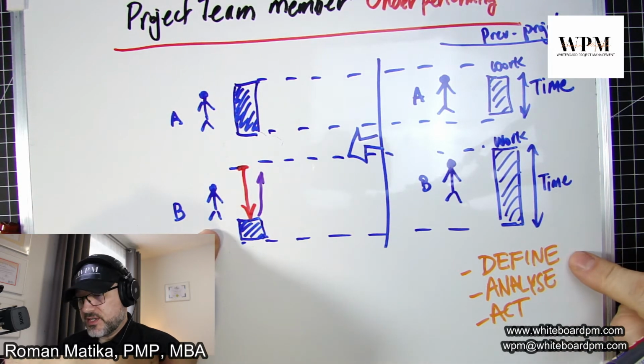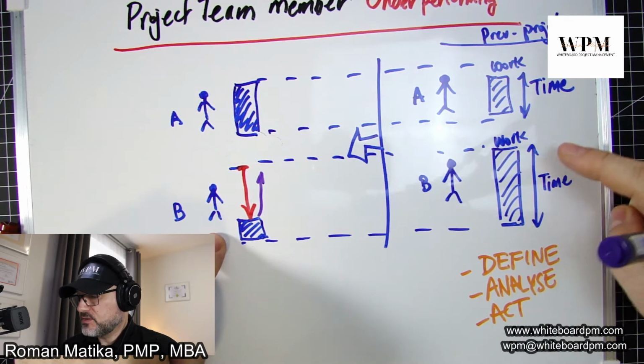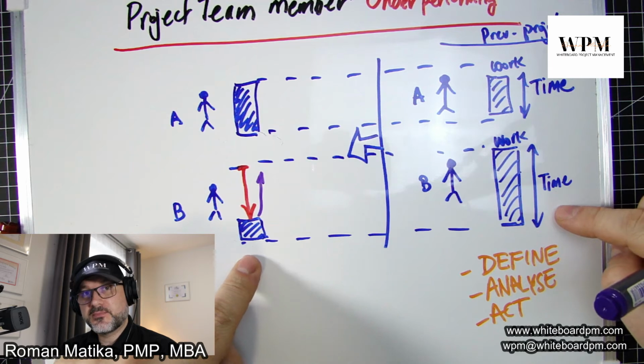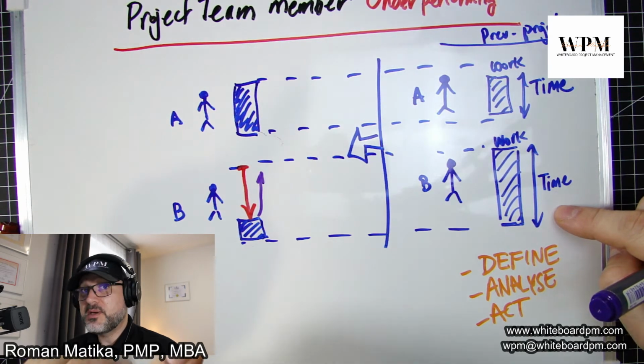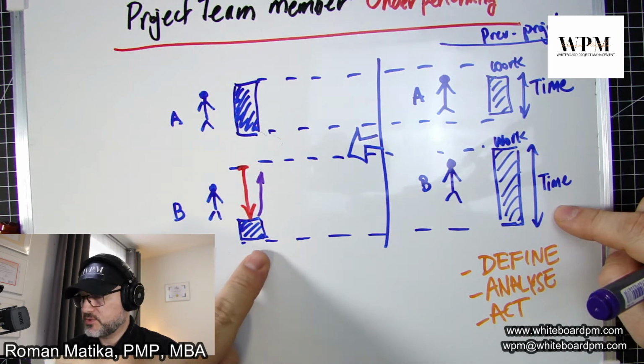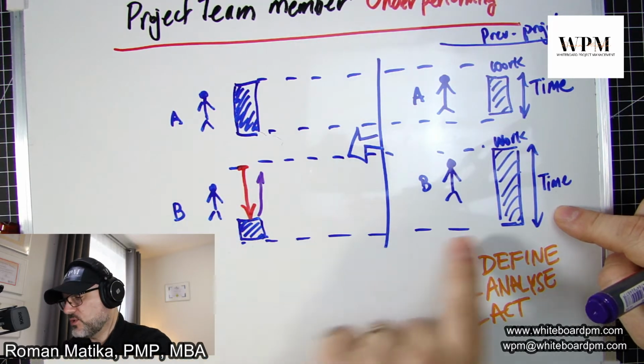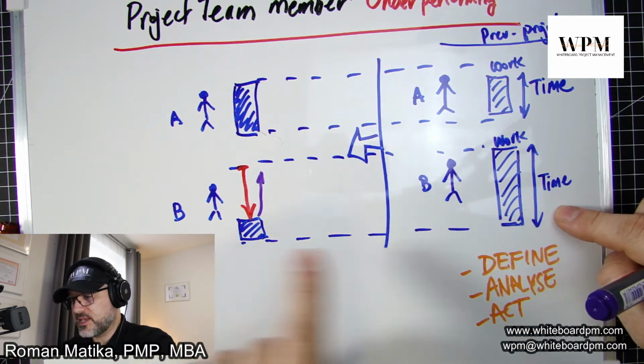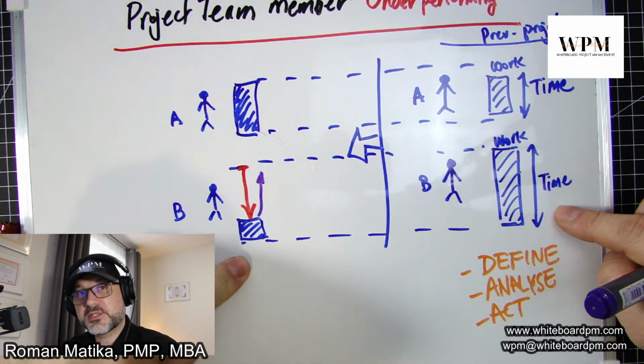Now first, let's define. We will go to this person and define what is happening, why this person is not performing as usual. See the word: not performing as usual. I'm comparing this person with himself from previous projects.